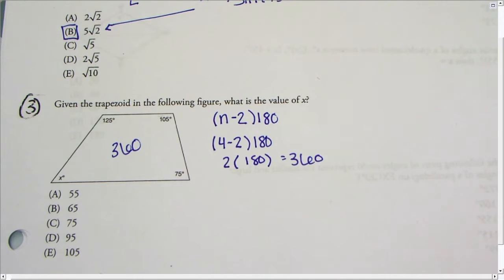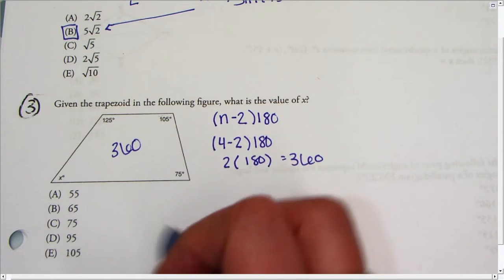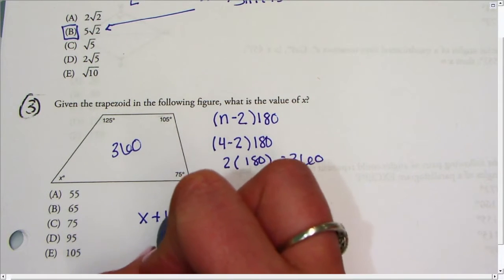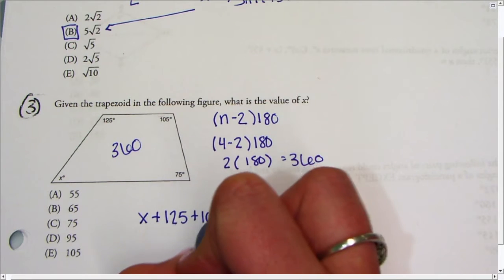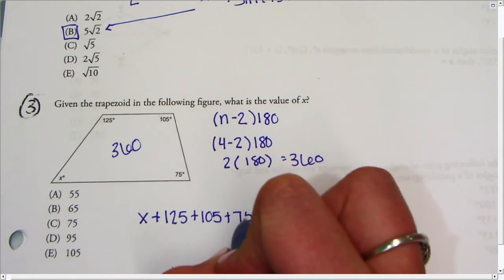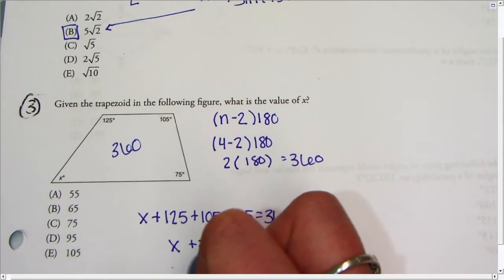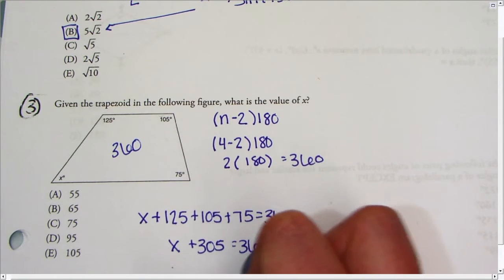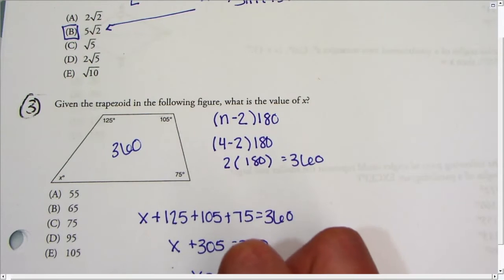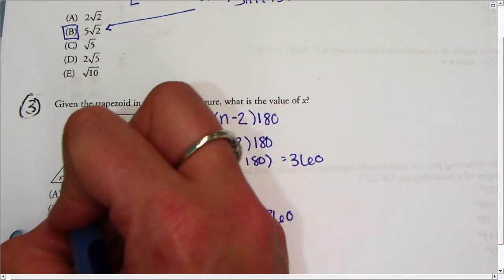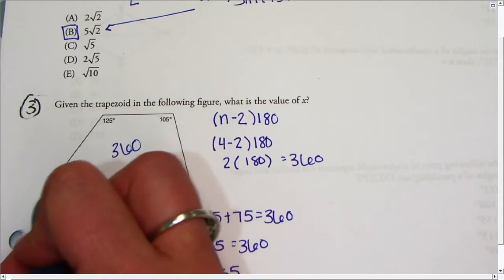So I'm just going to add all of these up. x plus 125 plus 105 plus 75 equals 360. So I get 305. Subtracting 305, I get an answer of 55. So the correct answer is A.